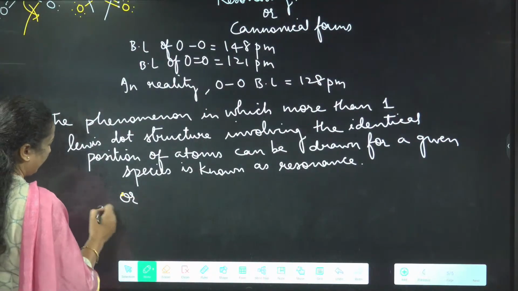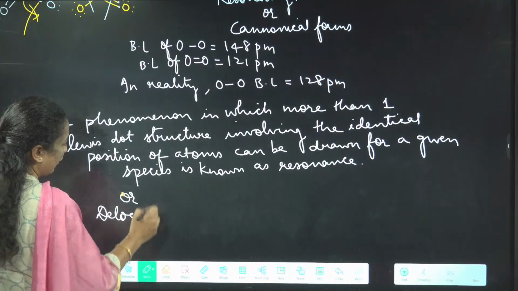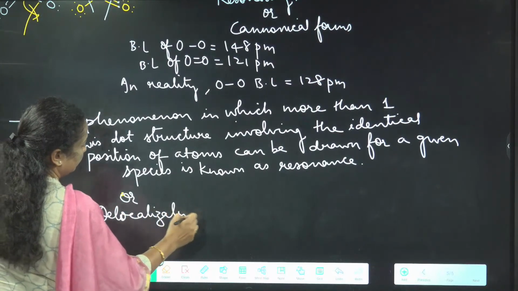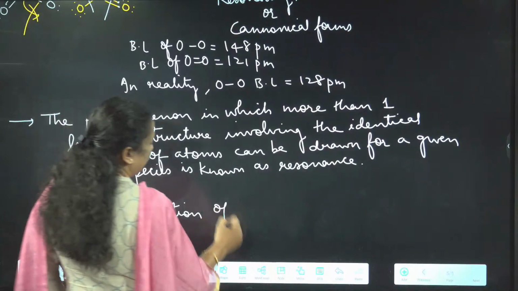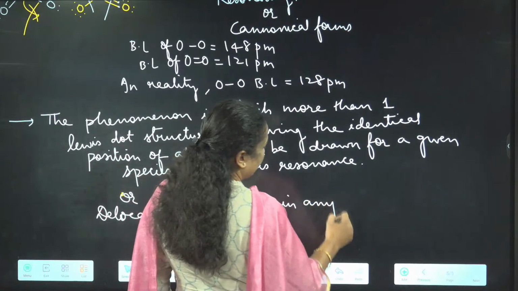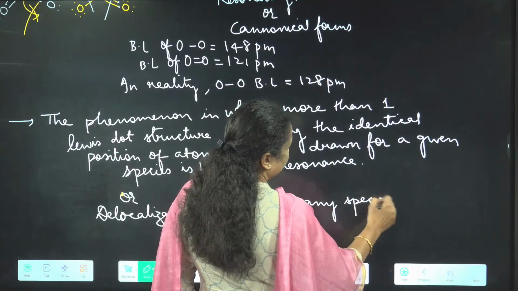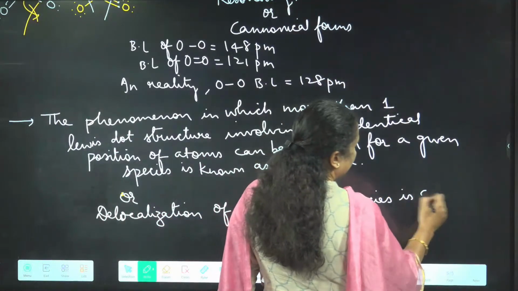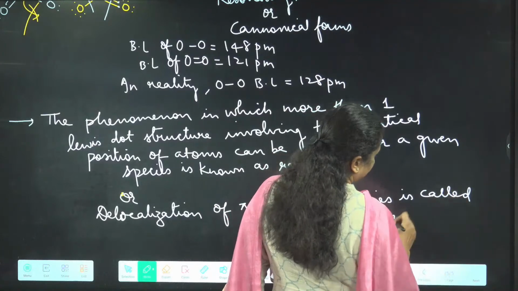Or delocalization of pi electrons in any species is called resonance.